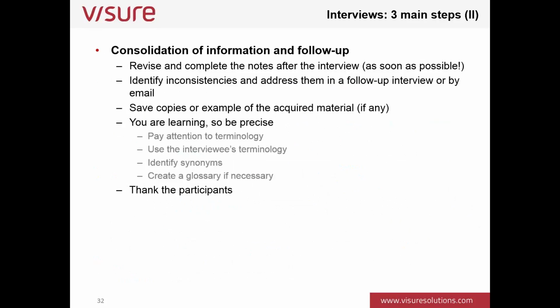So we have to somehow discuss that. We must save copies, an example of all the material that we have acquired, and we must be precise. We are learning, so we have to pay attention to terminology. We have to use interview terminology, identify synonyms, create a glossary of terms, and so on. And finally, of course, thank all the participants for their time.